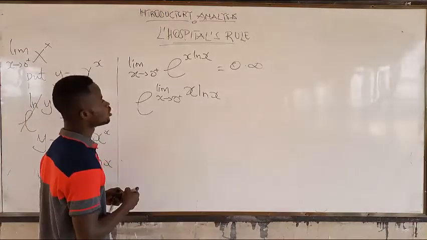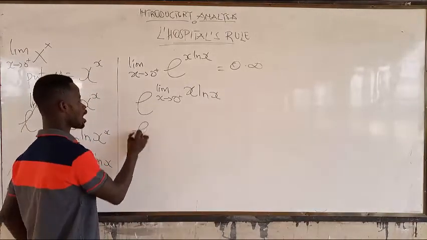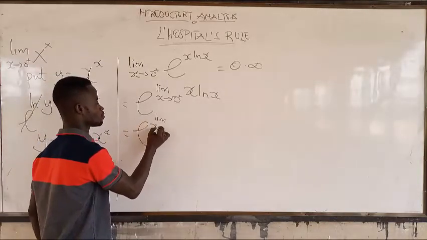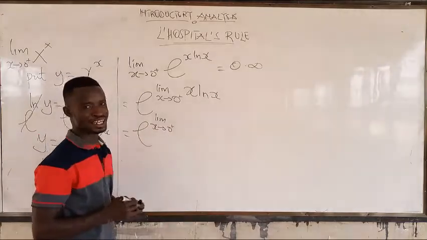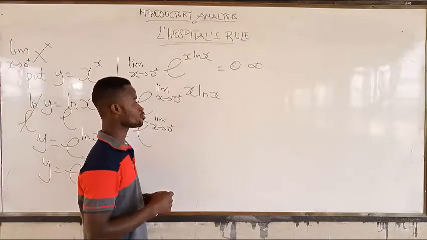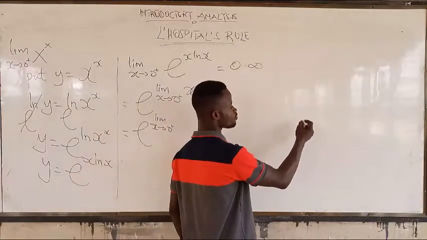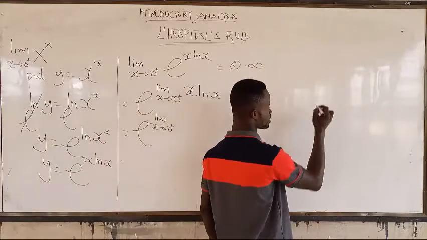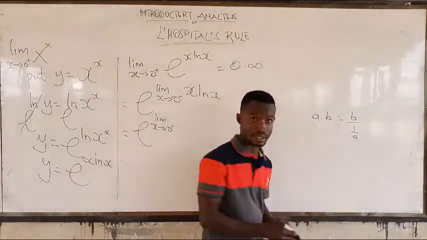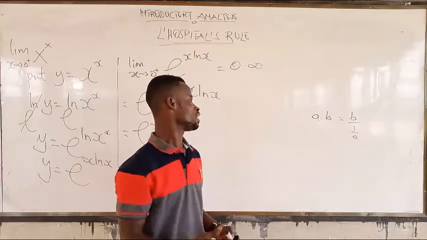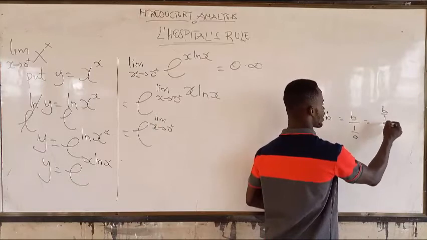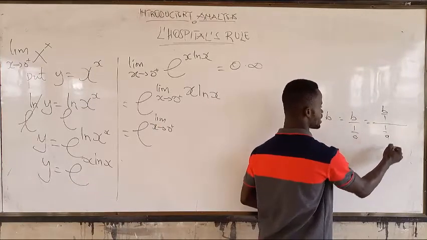Let's move on. Now, to apply the algebra so that we are in the indeterminate form, I want you to do something for me here. If I have a multiplying b, is it the same as b over 1 over a? It's the same thing, because this is b over 1 all over 1 over a.